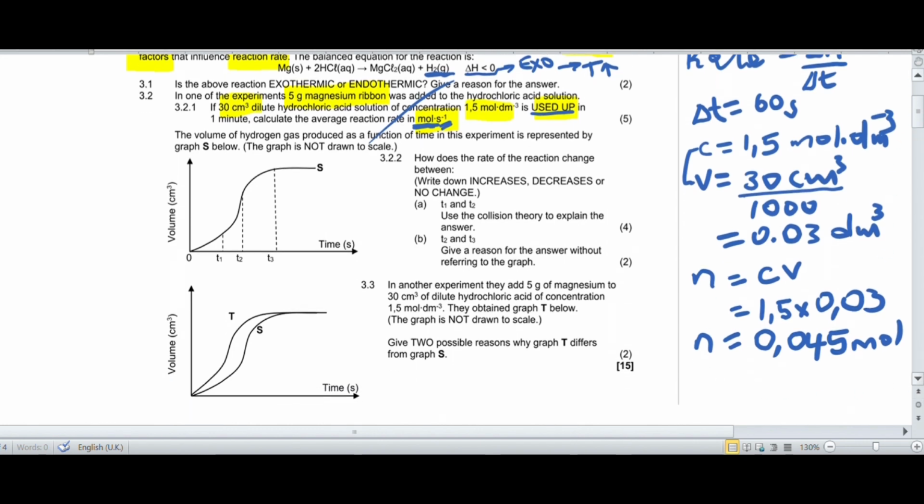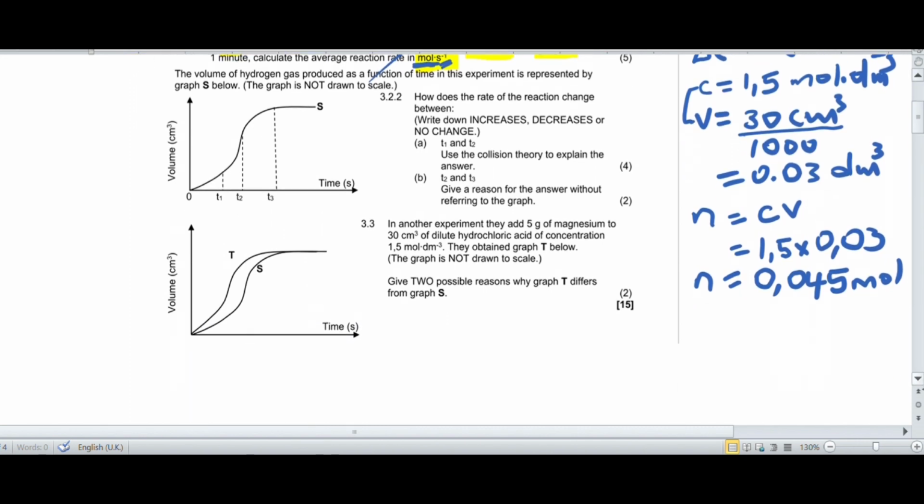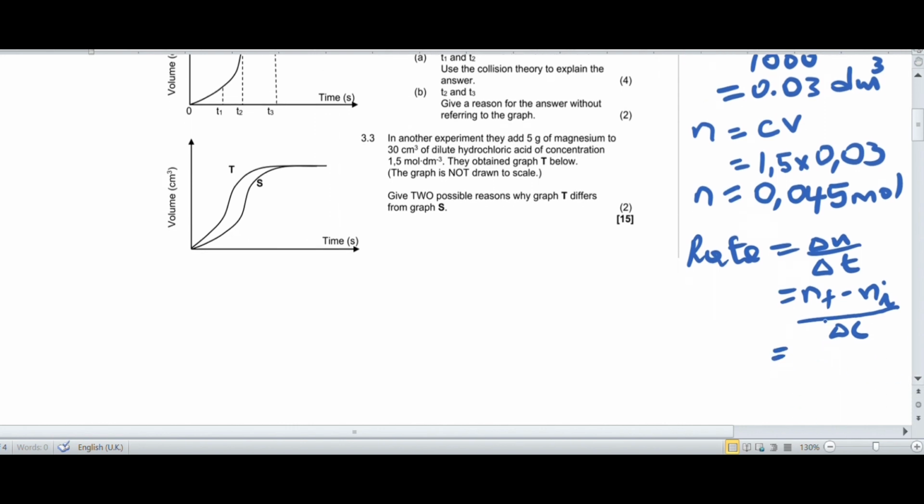Remember, the rate is equal to change in number of moles over change in time. This was completely used up, which means finally we have 0 moles of HCl. So the rate is change in number of moles over delta T: the number of moles final minus the number of moles initial, divided by delta T. The number of moles final is 0 because it is completely used up.